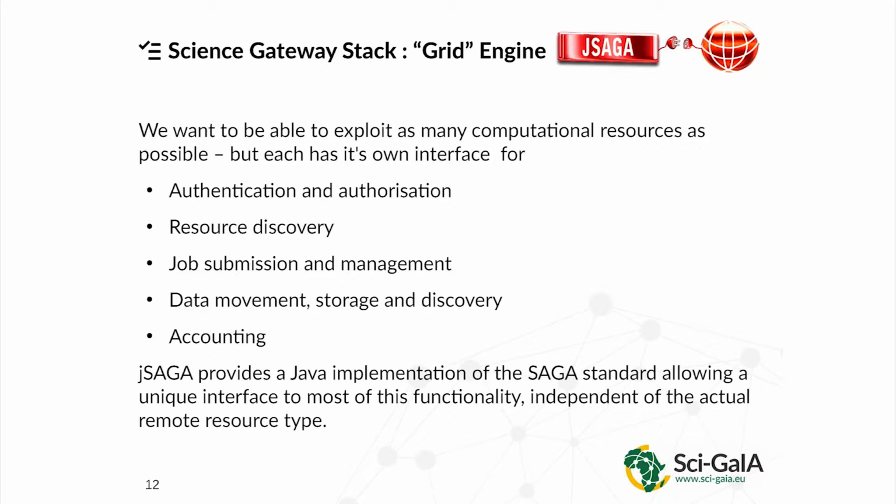Coming back to the more specific aspects of our Science Gateway, which depart a little bit from the generic web development and go more towards the science part of the Science Gateway development, we come to that specialized library I was referring to before, and that is the J-Saga implementation of the simple API to grid applications.